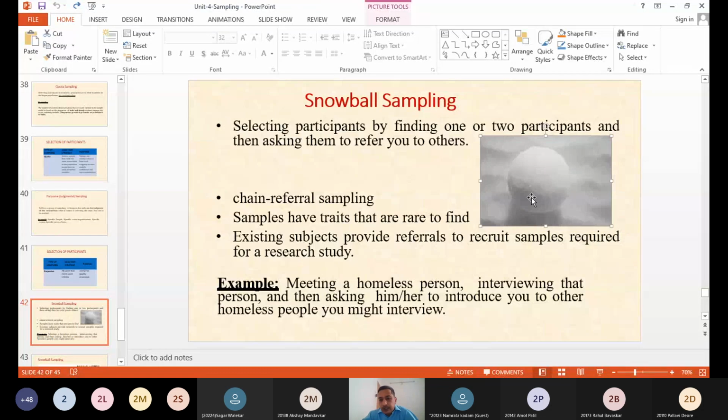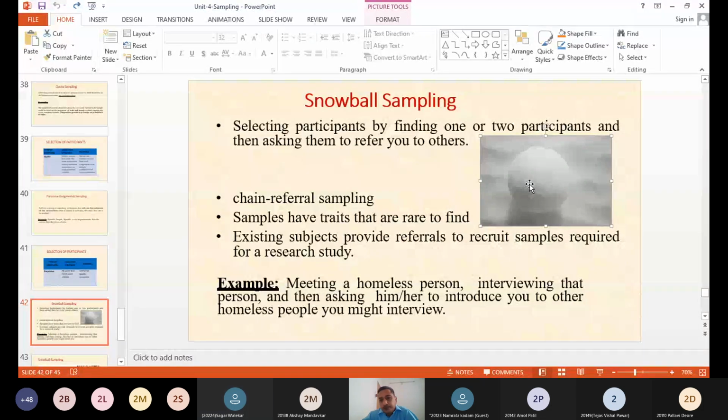Are you able to see this picture? Yes, sir. What is this picture? A piece of ice. Correct.